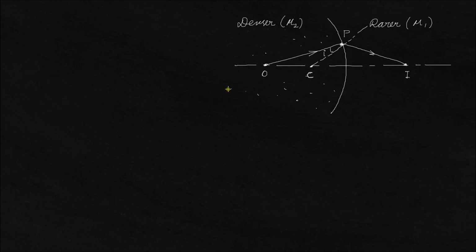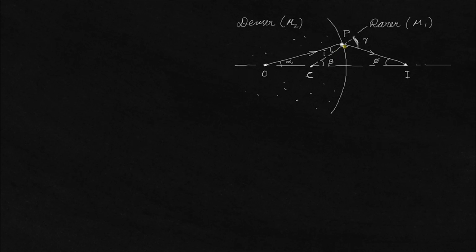Let me take that as i, the angle between the incident ray and the normal, and this angle is the angle of refraction r. Let me take this angle as alpha, this angle as beta, and this angle as phi.